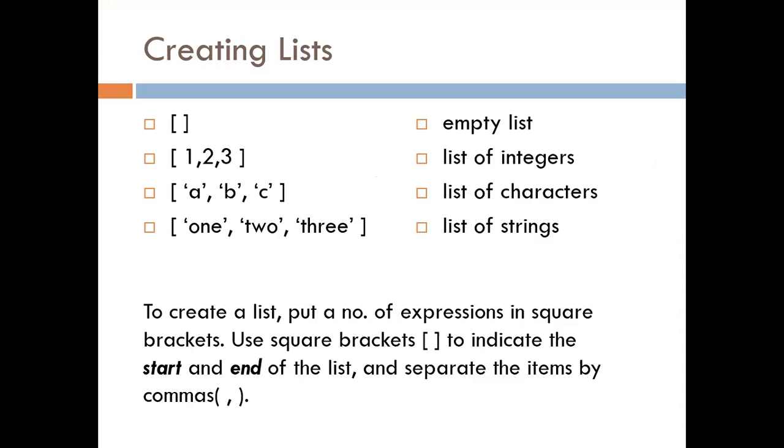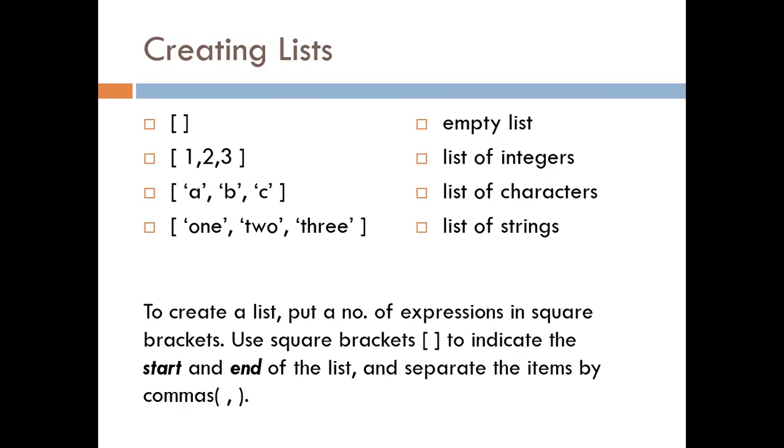A list is a standard data type of Python, and it can store a sequence of values belonging to any type. Lists are depicted through square brackets. On our screen, you can see some different types of lists in Python. The first one is an empty square bracket, so it's an empty list. The second one is a list of integers. There you can see numbers 1, 2, 3.